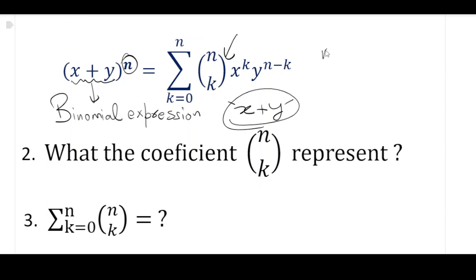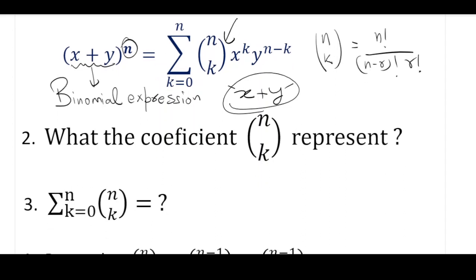Now in general I am writing the binomial coefficient, which is defined by the following: n factorial upon n minus r factorial. This was our nPr, and now I am dividing by r factorial. So this is the definition of nCk. Now the question is what this symbol nCk represents.